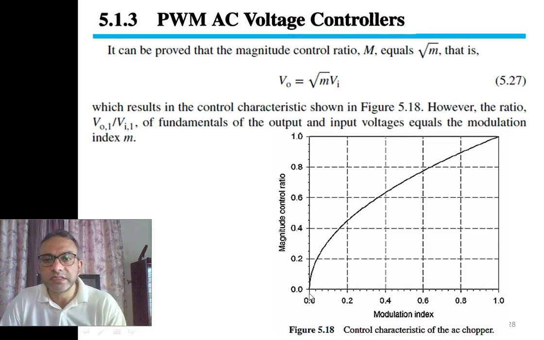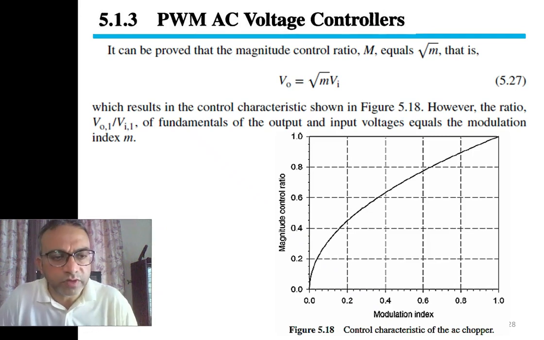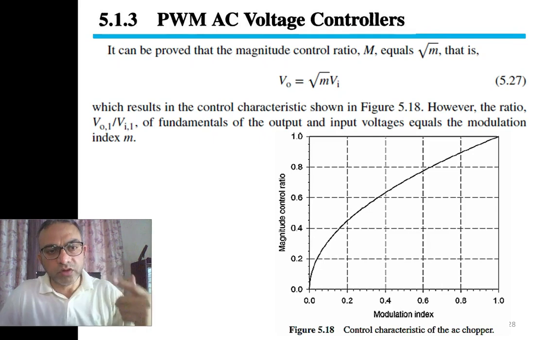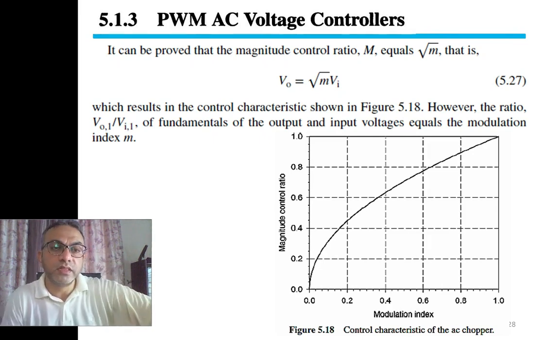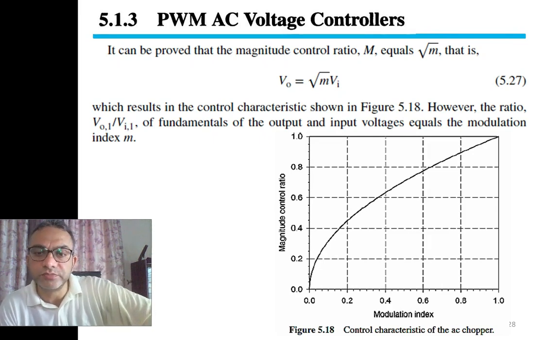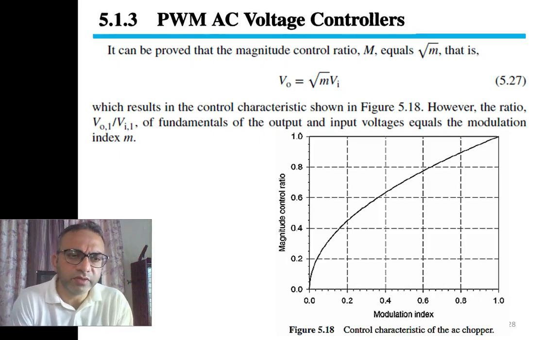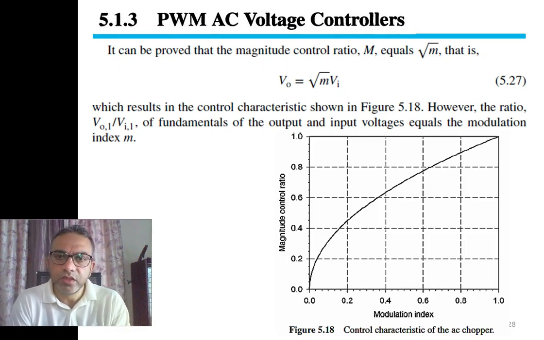As usual, if the output control ratio is nonlinear, then we need a feedback control system, which we had discussed in the previous lecture in detail. So figure 5.18 shows the control characteristics of the AC chopper.